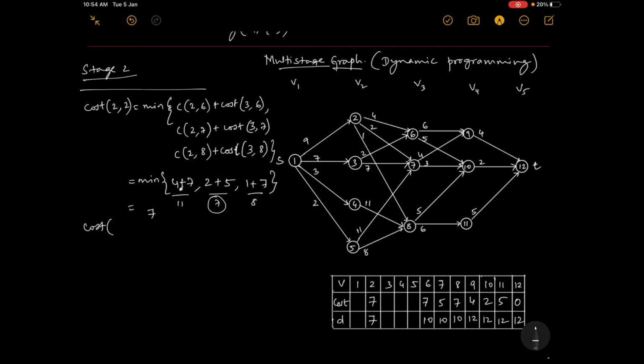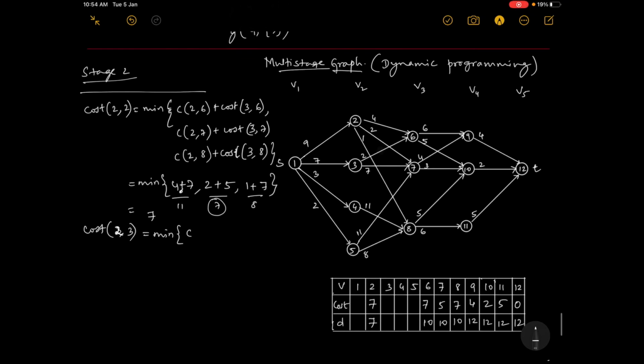Next, cost of stage 2 comma vertex 3. Minimum of C, which is the weight of the edge connecting 3 and 6, plus the cost of the vertex where it is going.